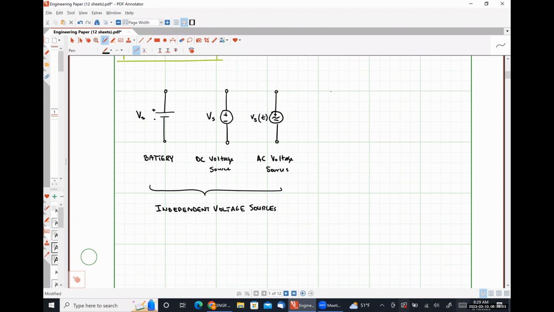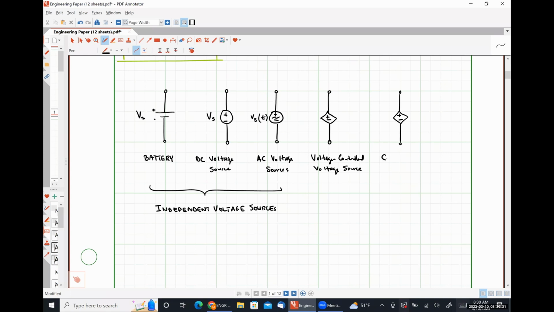Over here on the right, we're going to introduce dependent voltage sources, okay? I'm going to draw both of these symbols right now. They are going to be identical. And the nuance will come from the magnitude, okay? So on the left-hand side, I'm going to call this a voltage controlled voltage source.